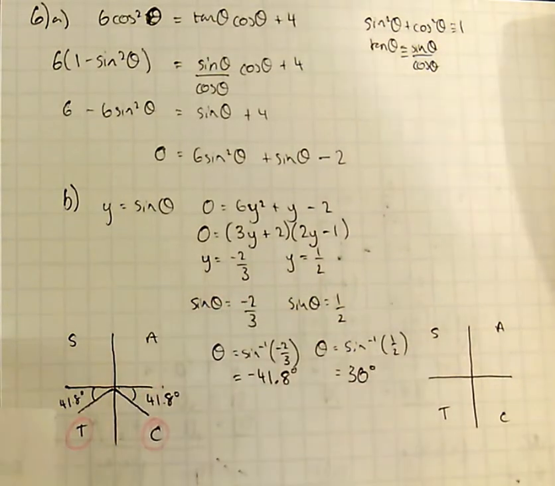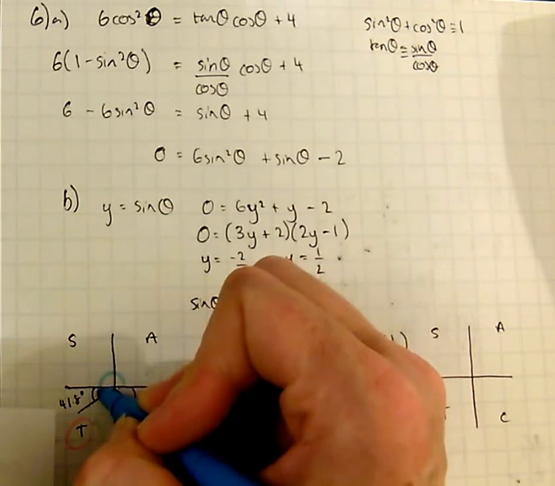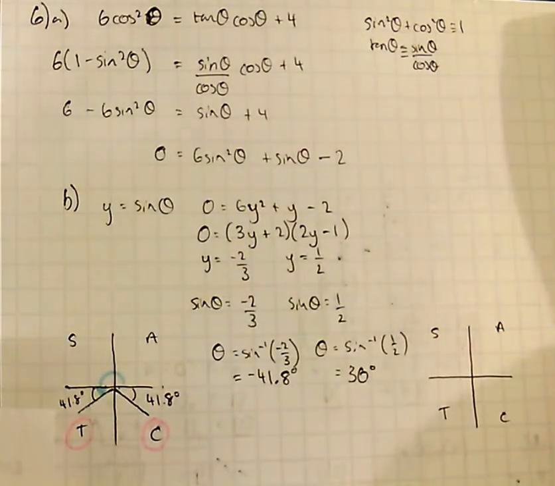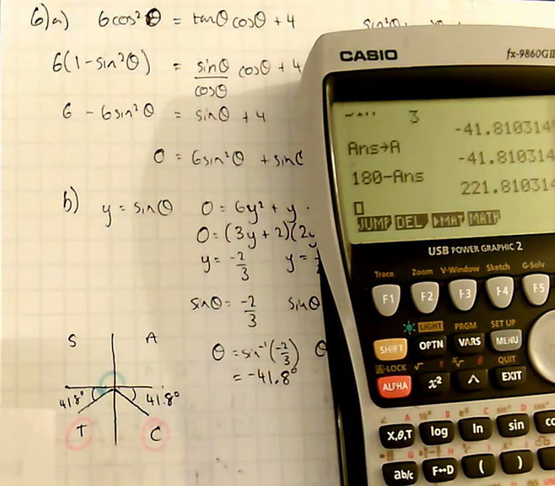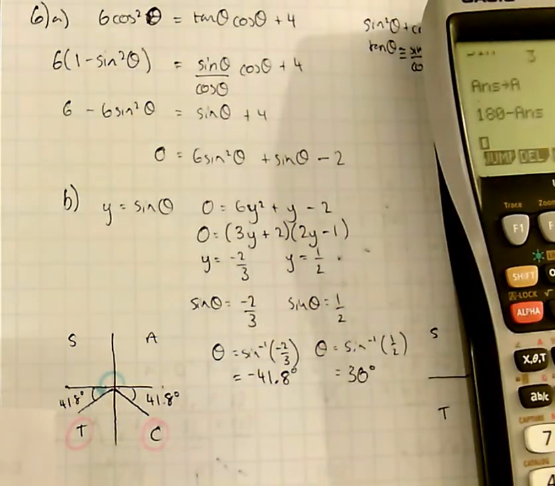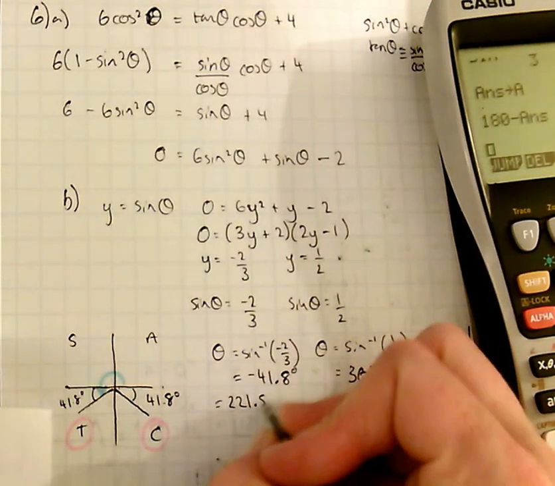Okay, so I need to draw another solution in here. 41.8 goes there, always with the x-axis, and then I want to find my solutions between 0 and 360. That's what the question said. So we're starting at 0. The first one I get is going to be 180 plus 41.8. Okay, so that will give me 221.8.